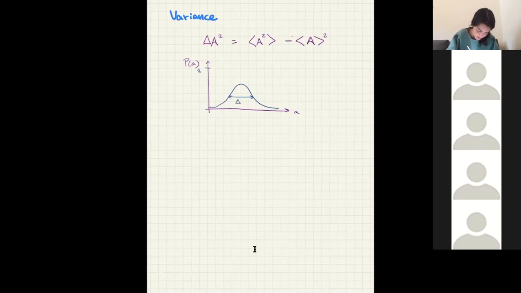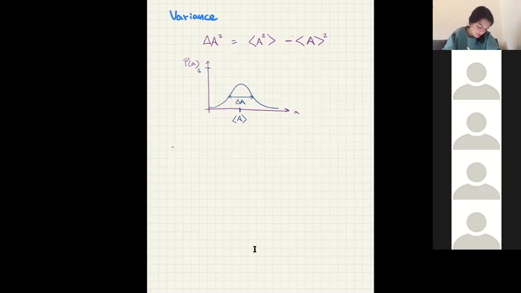This should be more or less the delta A. So for well-behaved probability distributions, this measure that we're defining here really measures how spread out the distribution is. Remember, when we measure the position of a particle, this is given by a projective measurement. There are different probabilities for different outcomes. We can represent them as an observable, and from the observable, we can see what the average value is. And that's what we're doing here.